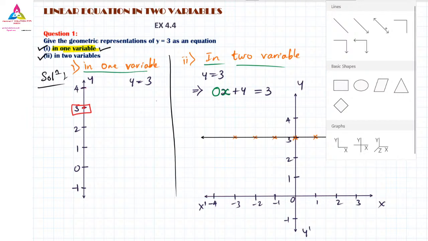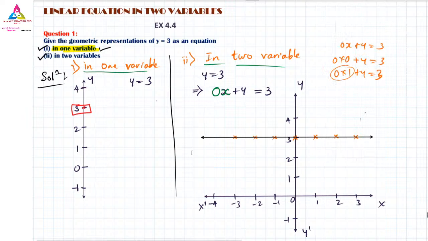Any doubt, you can ask me. I think you don't have any doubt in this. You can name this equation y is equal to 3, or write 0x plus y is equal to 3, because they have told you to do it in two variables now.